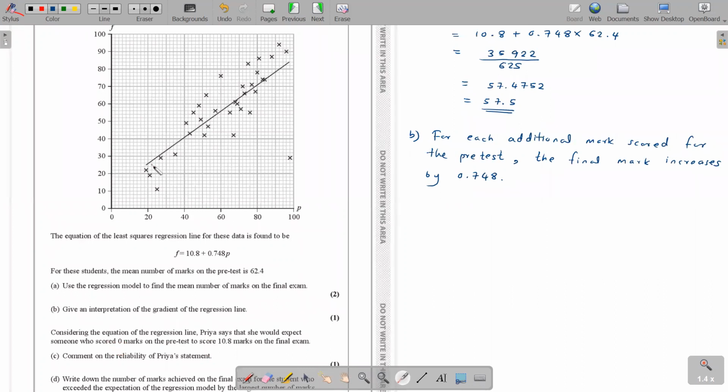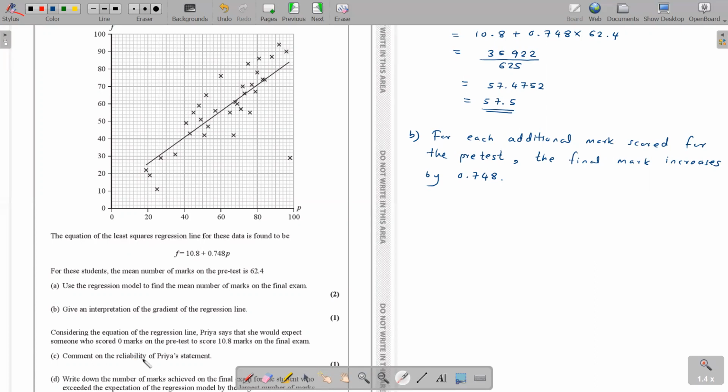So I think what she's doing is making this line longer, and it cuts somewhere over here. And based on that, they have said 0 marks for the pretest means you will get 10.8 for the final. So they are asking about the reliability. Do you remember reliability, interpolation and extrapolation?